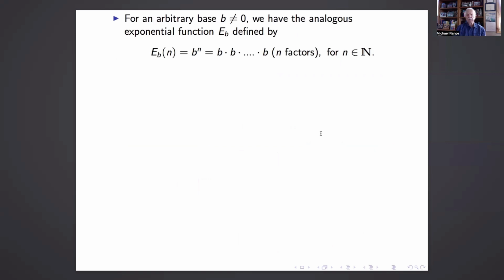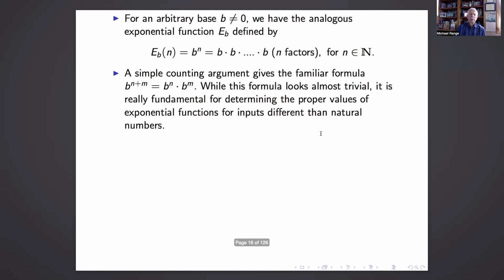For an arbitrary base b, we have the analogous exponential function E sub b defined by E sub b at n equals b to the power n equals b times b and so on times b, altogether n factors, where n is a positive integer. The simple counting argument gives the familiar formula that b to the power n plus m is the same as b to the power n multiplied with b to the power m.